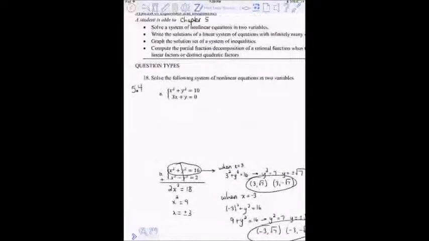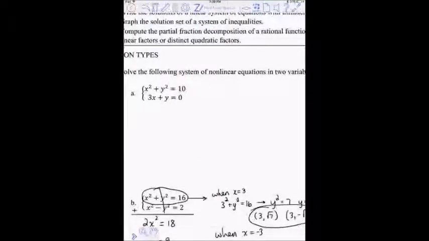Now, like I said, for part A, we can't use the elimination method. We're going to have to use substitution. So if I rearrange that bottom equation and subtract 3x, that bottom equation is y equals negative 3x. So that expression for y can replace that y.